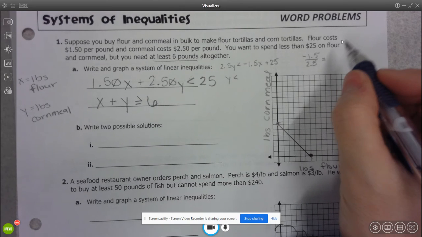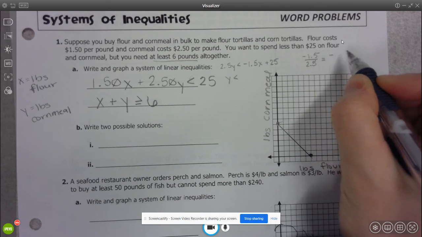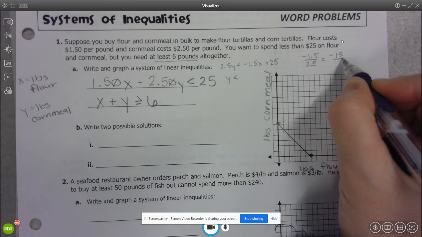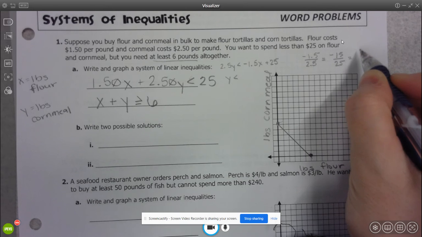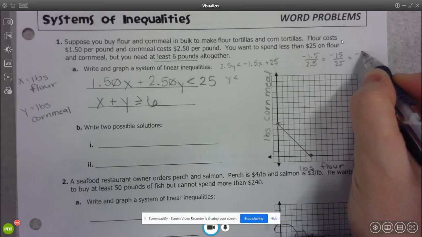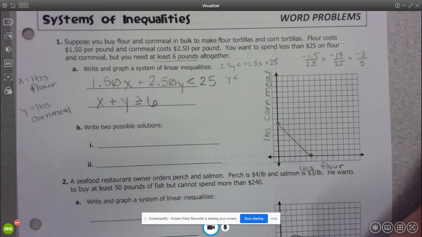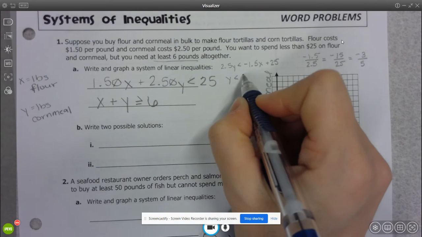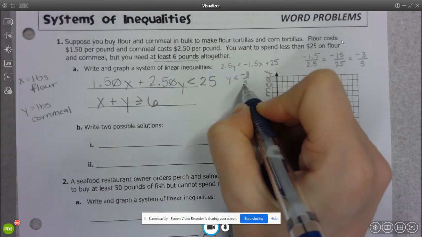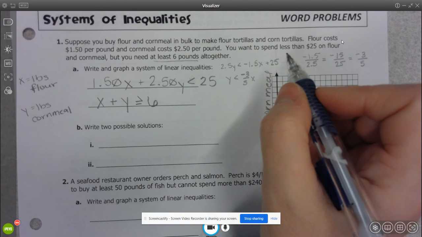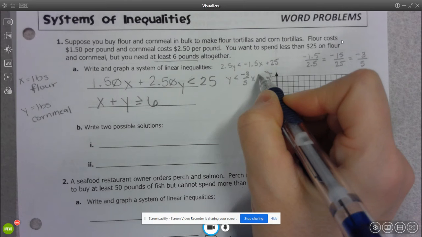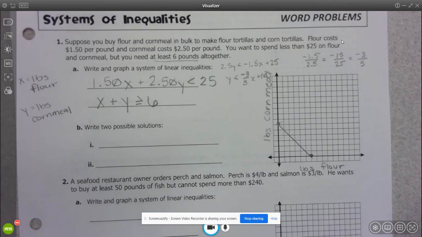It's not going to change my fraction, but I'm going to get rid of the decimal. So I have negative 15 over 25. Well, 15 and 25 are both divisible by 5. So dividing this by 5 is going to leave me with 3, dividing that by 5 is going to leave me with 5. So my slope is negative 3/5 x. And then 25 divided by 2.5 is going to be 10.